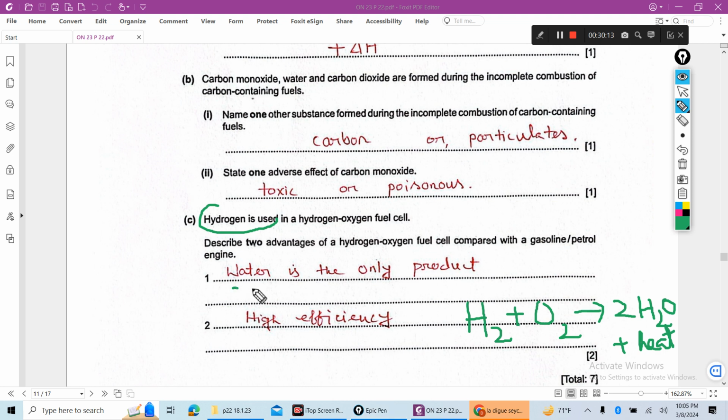So advantage: water is the only product, no carbon dioxide produced. Water is an environment friendly product, and the hydrogen oxygen fuel cell has high efficiency.